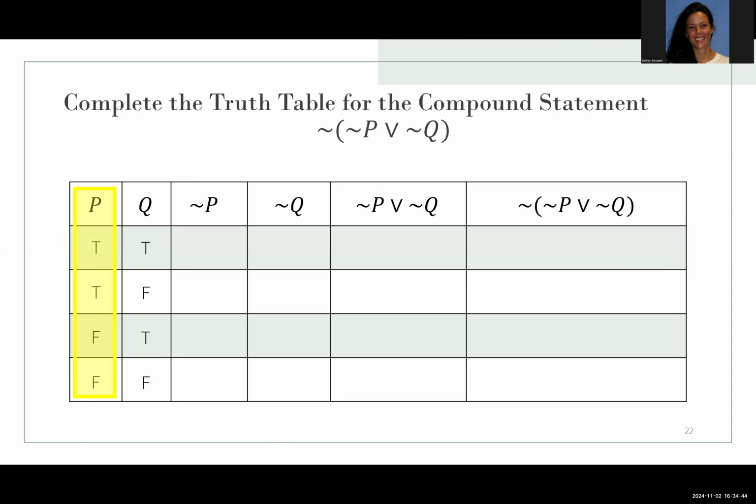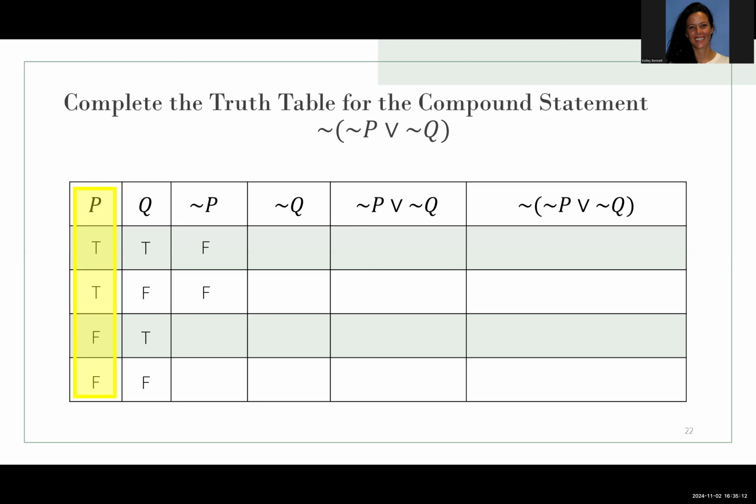We'll begin with P. So I'm trying to fill out my column for not P. The way I do that is I look at the original column for P. When P is true, not P is false. So in the first and second rows, P is true, so not P would have to be false in those cases.